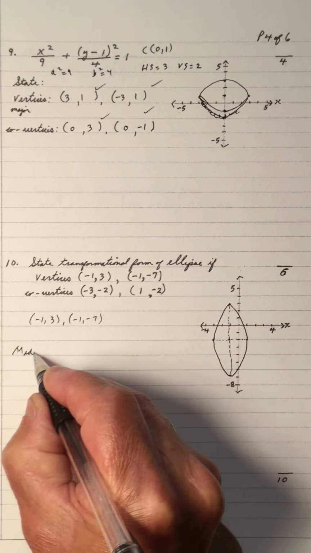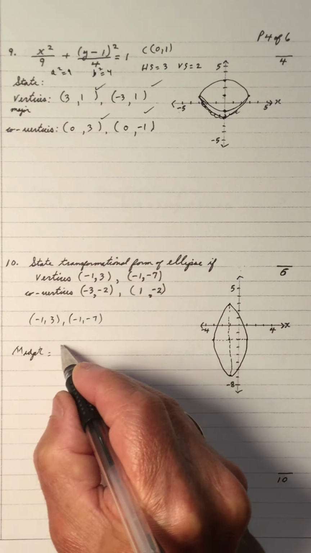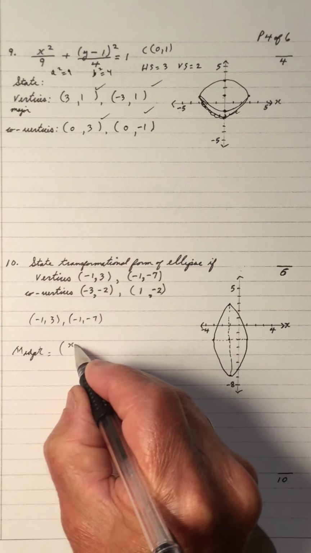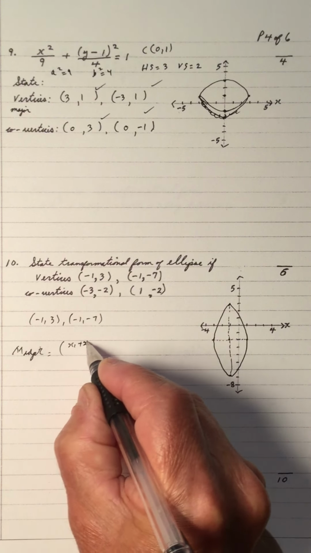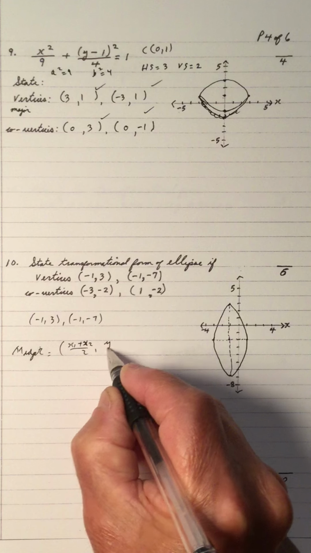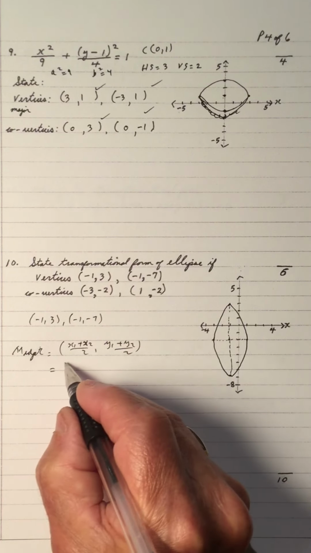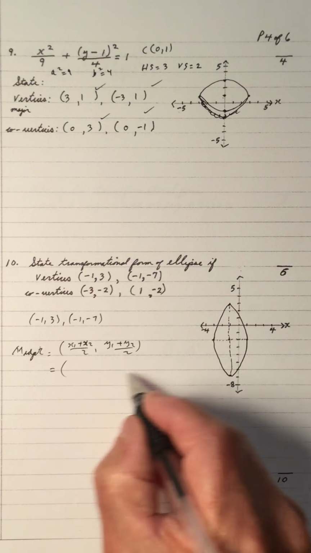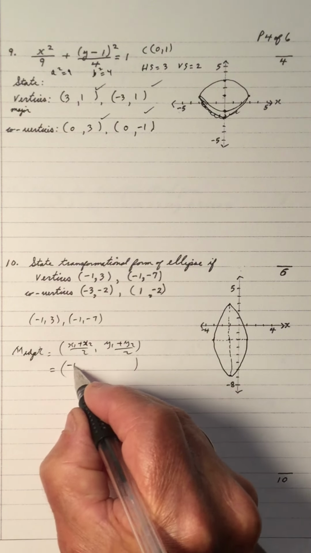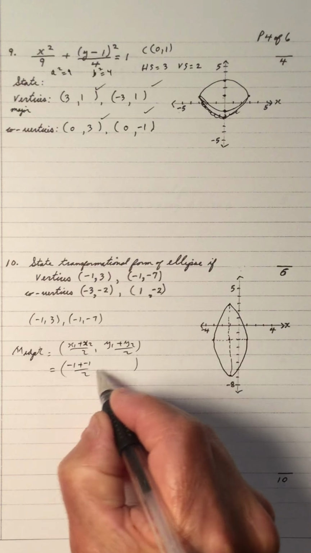the midpoint is the sum of the x's, x1 plus x2 over 2, y1 plus y2 over 2, and you can see that we have negative 1 plus negative 1 over 2.